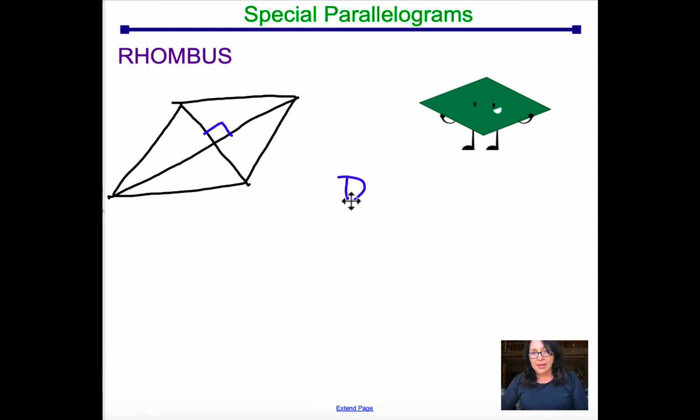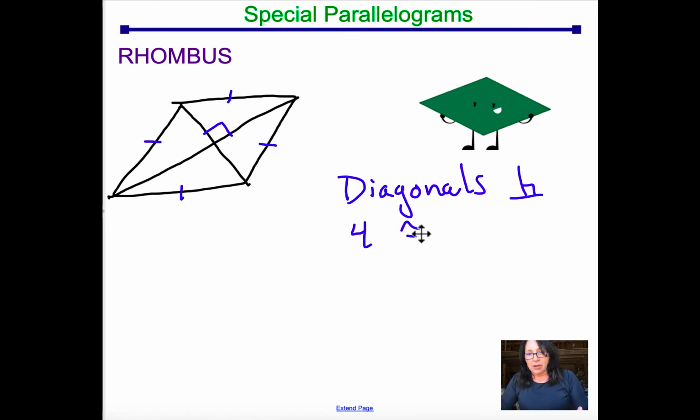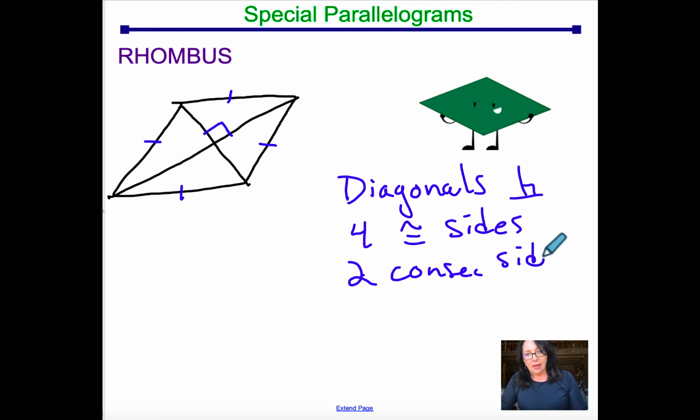So number 1, an additional characteristic is that the diagonals also are perpendicular. Additionally, in a rhombus, we have 4 congruent sides. And also, if I just have 2 consecutive sides congruent, that would make it a rhombus as well.